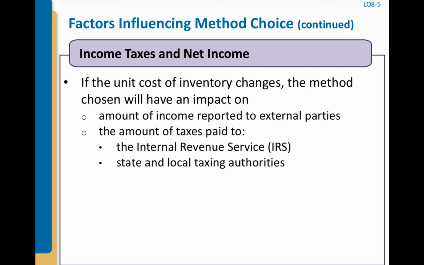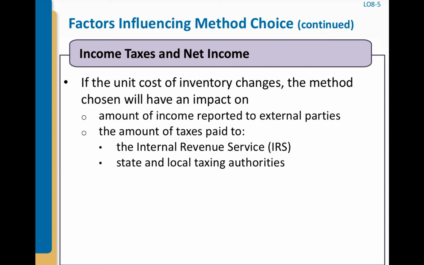Obviously, net income is a double-edged sword. The higher the net income, the more pleased stockholders are, but also the more pleased Uncle Sam is, because taxes end up being more as well.